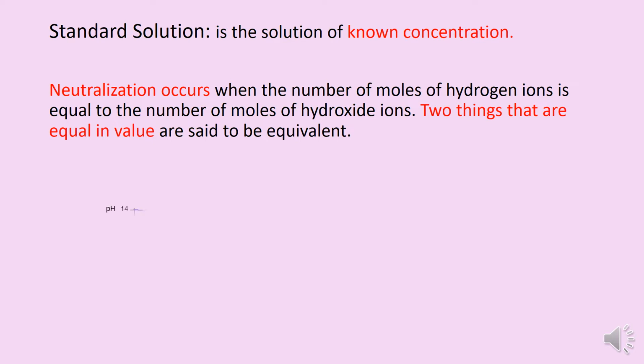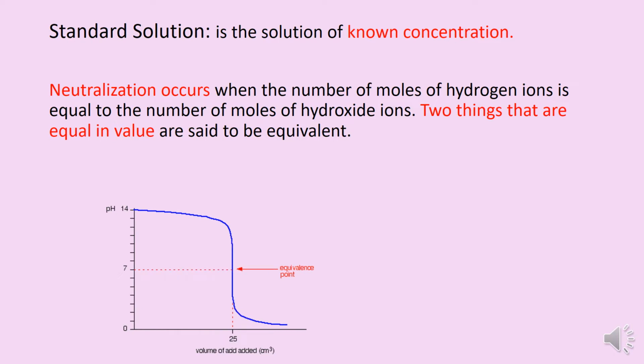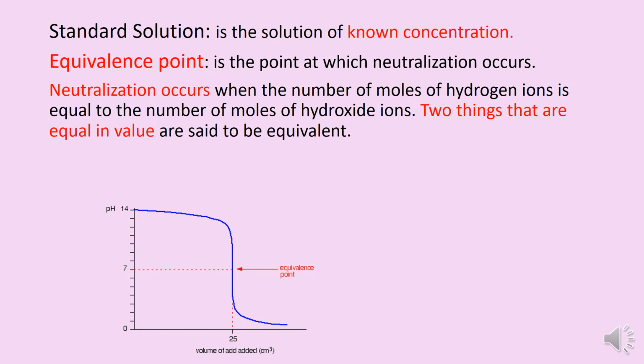So what is equivalence point? Equivalence point is the point at which neutralization occurs. Neutralization occurs when the number of moles of hydrogen ions is equal to the number of moles of hydroxide ions.